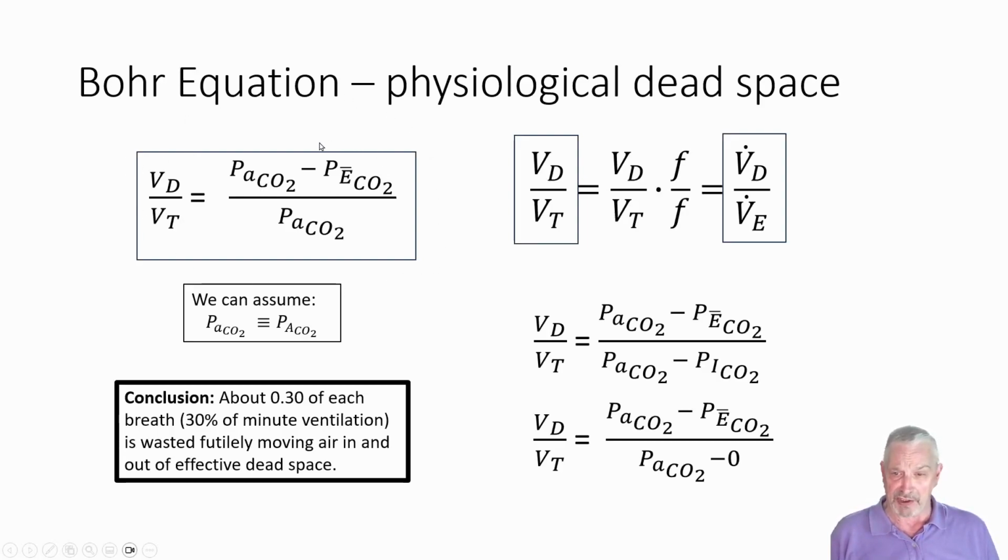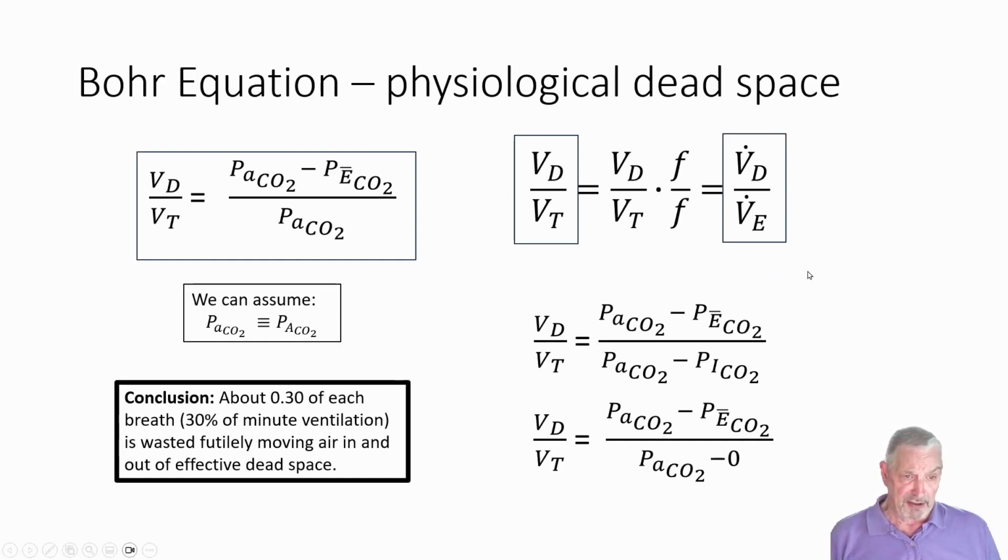PaCO2 minus mixed expired CO2 over PaCO2. And it tells us the ratio of each tidal breath that is wasted in the form of air just entering the physiological dead space and coming back out again. And the other thing we've done here is we've turned P little a CO2 into, or added it to this equation instead of P big A CO2, because the arterial CO2 and the alveolar CO2 are virtually the same.